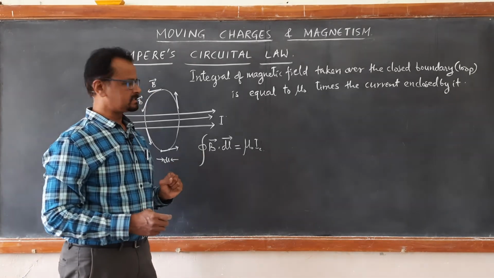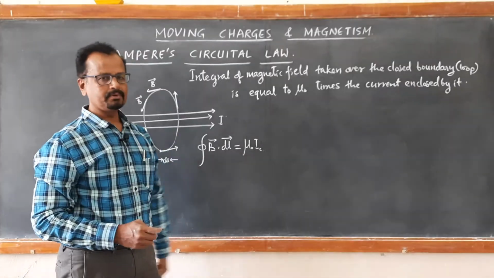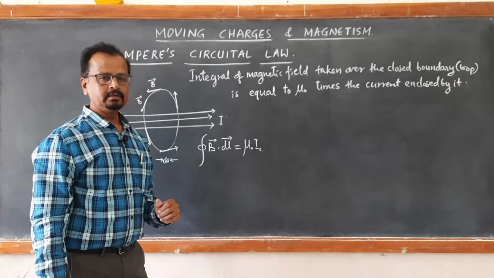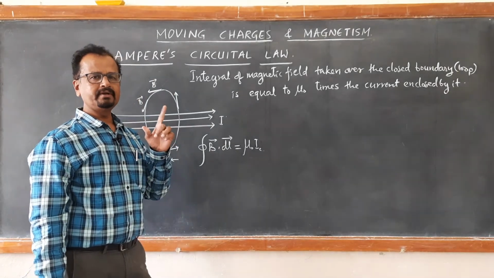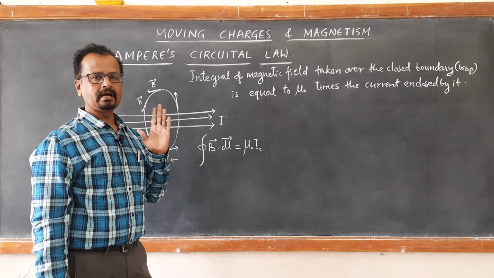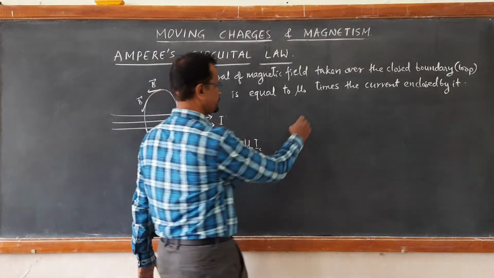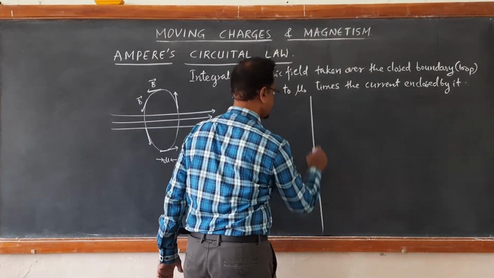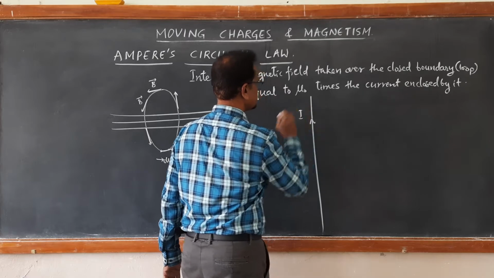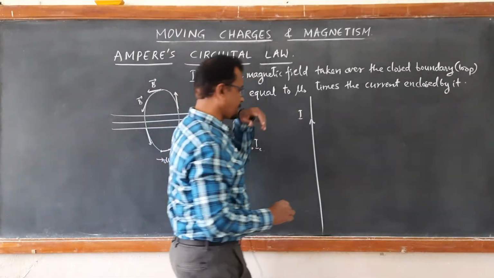Now, to understand this, let us take one example of finding the magnetic field due to an infinitely long straight current carrying conductor. Suppose this is an infinitely long straight current carrying conductor.